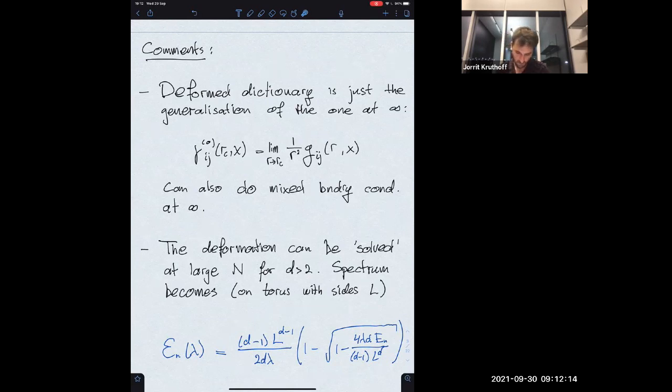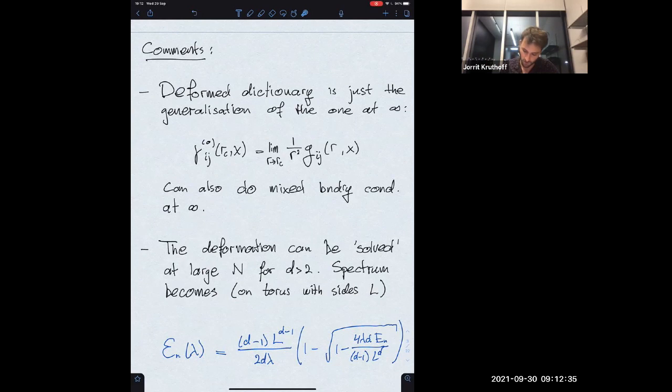And here I should mention that the boundary topology is just a torus with sides L. So I just compactified the boundary. You can also do this for the sphere, if you have a boundary that's the sphere or hyperbolic space or things like that.